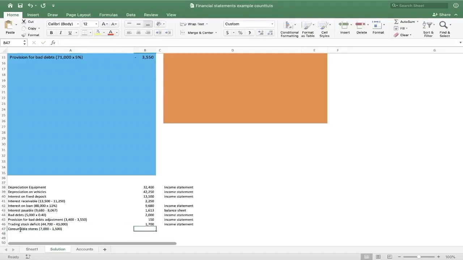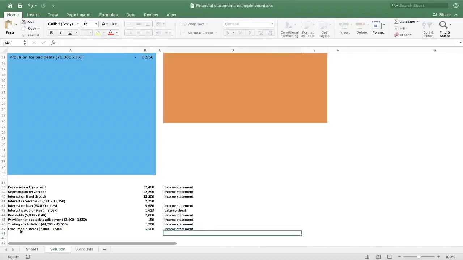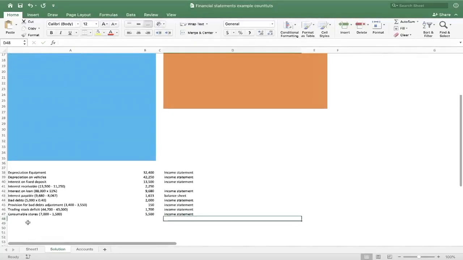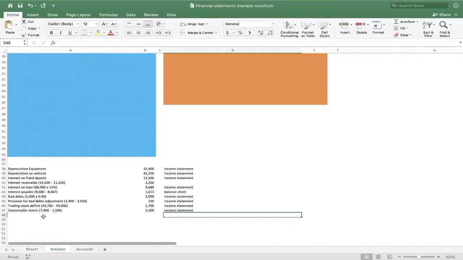So what do we have there? The answer is 5,500 Rand. This goes into the income statement, into the operating expenses section, because that's what we've already used up in this period. And whatever is remaining, the 1,500 Rand, will be part of our inventory or trading stock.